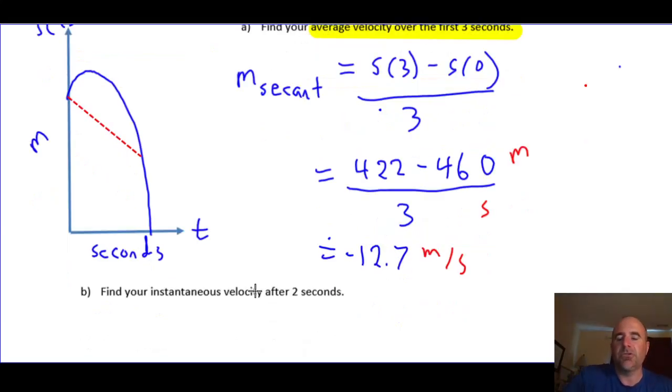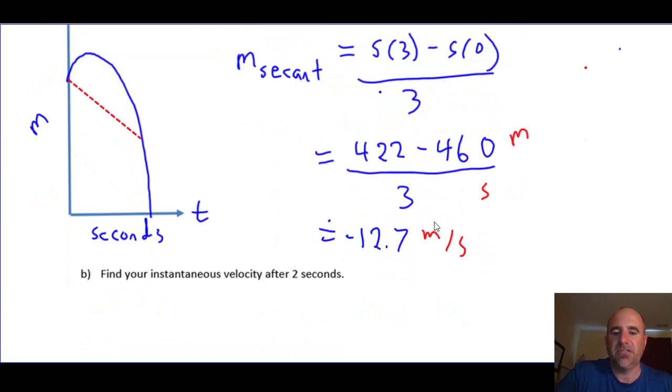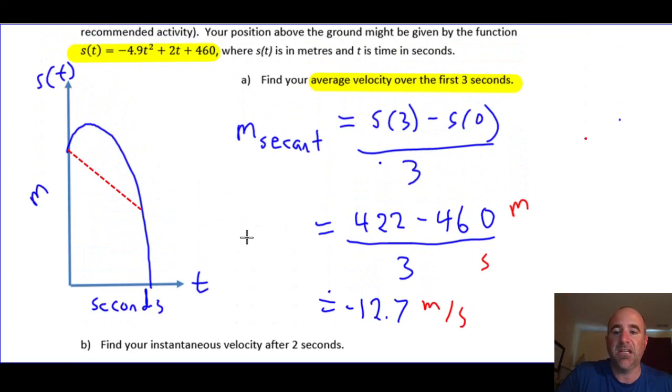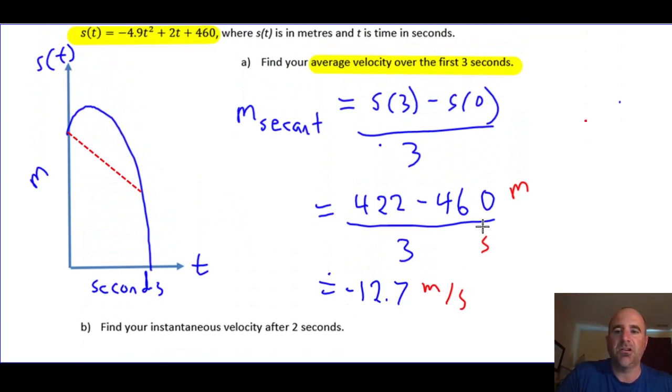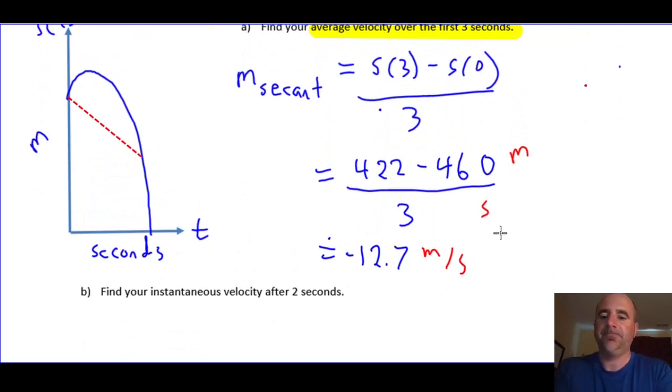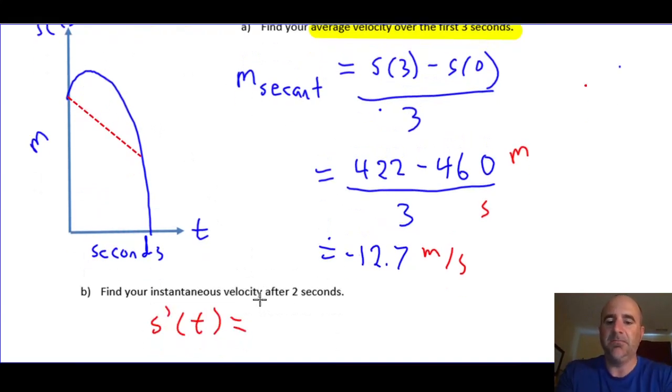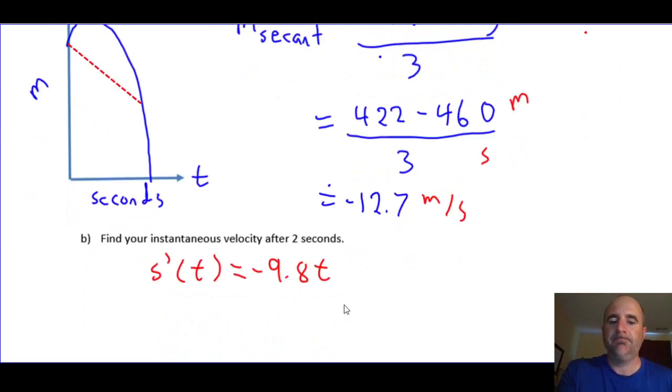Okay, next, we're going to look for the instantaneous velocity after 2 seconds. The instantaneous velocity will be the slope of the tangent line, so we're talking about s prime of t. If I take the derivative of this quadratic, s prime of t is equal to negative 9.8 t plus 2.